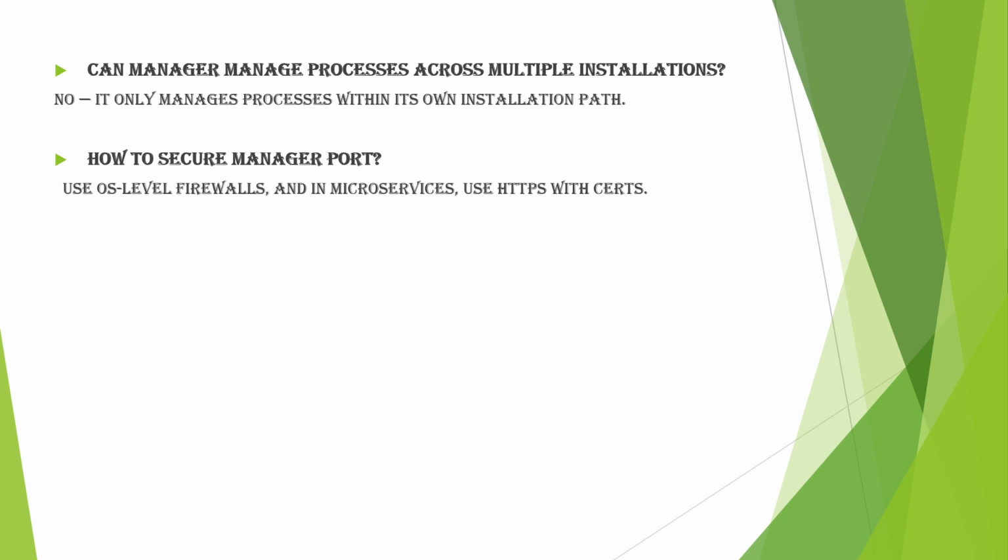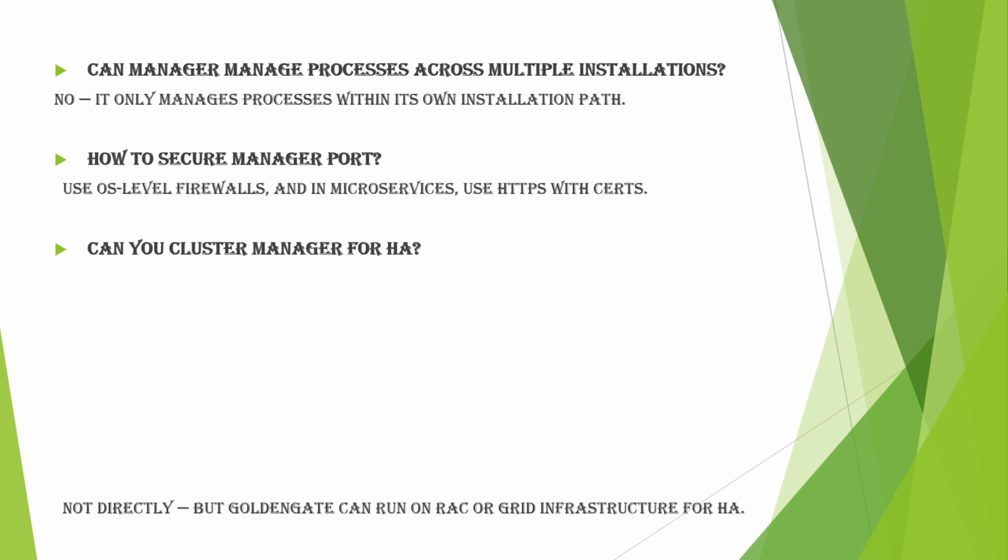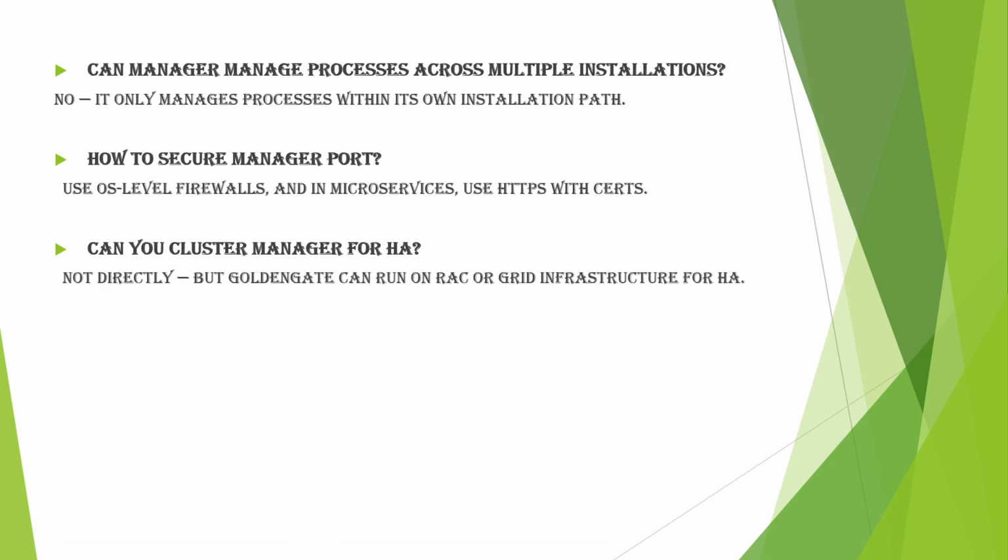Use the OS level firewall, and in microservices use HTTPS with certificates. Can you cluster manager for HA? Not directly, but GoldenGate can run on a RAC grid infrastructure for HA.